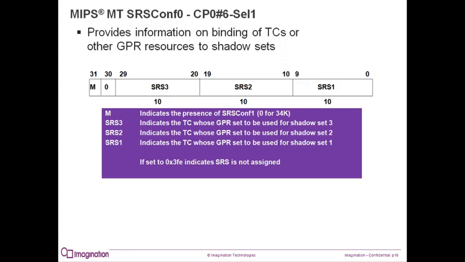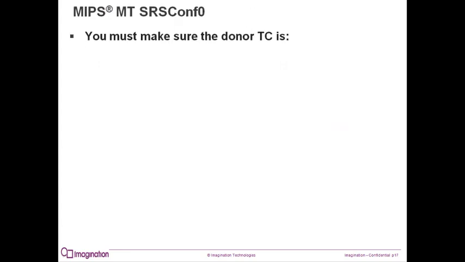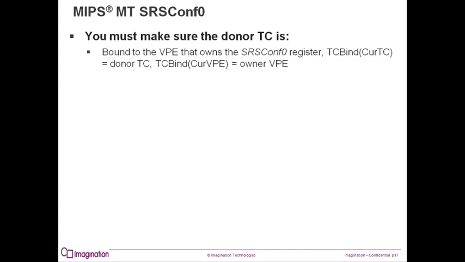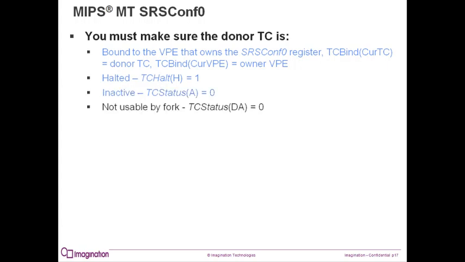So if you have 3 sets and 9 TCs, use TCs 6, 7, and 8. Since this is a per VPE register, you must make sure that the donor TC is bound to the VPE that owns this register. The TC must be halted and inactive and not usable by a fork.